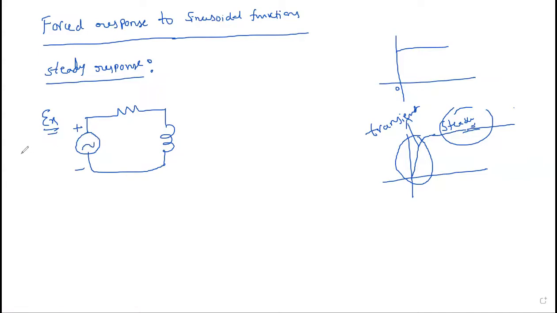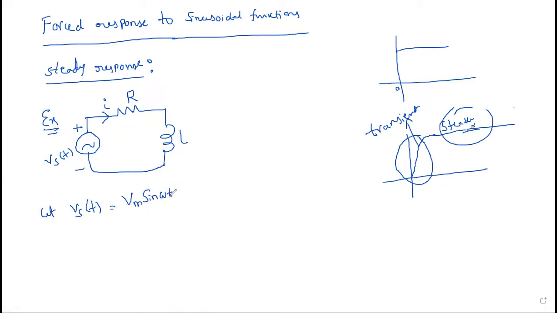That AC signal I will give as Vs of t, the source voltage. The resistance I'll keep as R and the inductance is L. The current passing through the circuit I assume as I. I assume Vs of t is a sinusoidal function, therefore it has some amplitude Vm and some frequency omega.